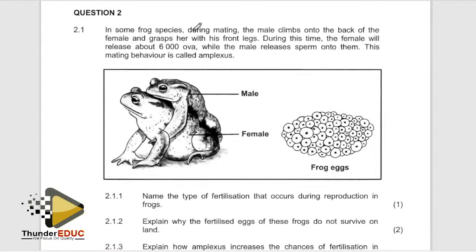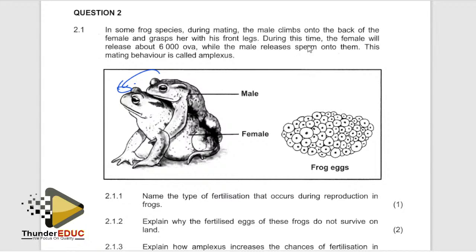Okay, some frog species during mating, during sex, the male climbs onto the back of the female. So it's a culture whereby a male is on top of a female, right? Anyway, that's life.